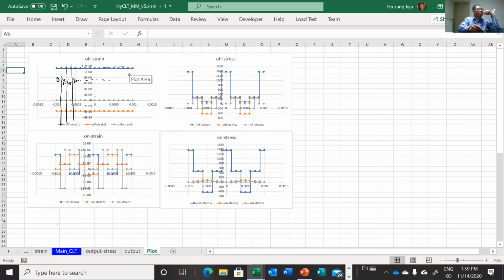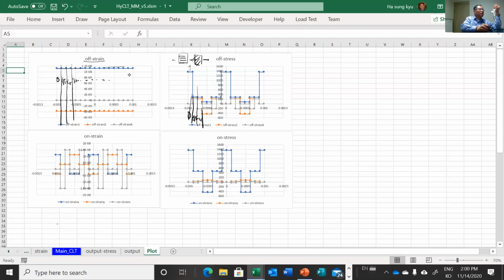For the off-axis stress, of course, this is a 0 degree ply, and the stiffness is different in every ply, right? This is the 45 and minus 45, with stiffness in this direction. This one's stiffness is this way, and that one is that way, which is quite different. That's why the stress jumps like that.